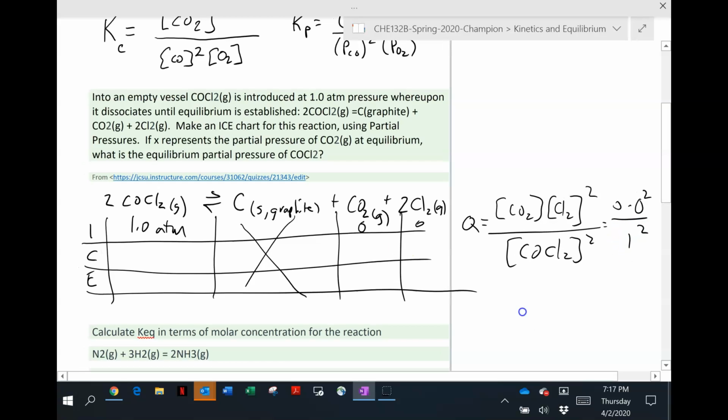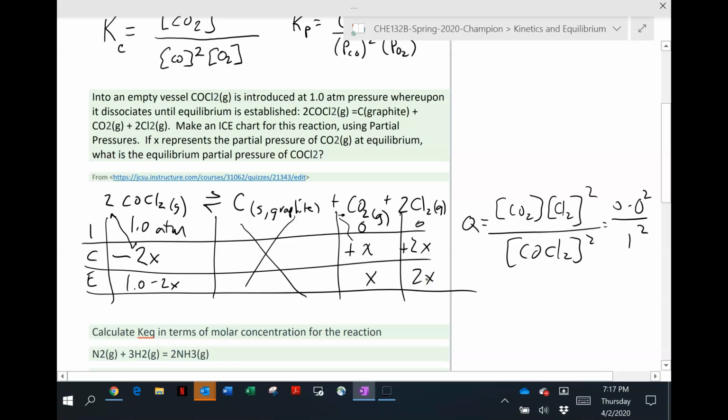That tells us that we've got to go to the product, so plus, minus, and the stoichiometric coefficients here, we multiply x by the coefficients, so 2x, where that 2 is that 2, x, where there's no multiplier because there's nothing in front of the CO2, it's an invisible 1, and then 2x over here for Cl2. So at equilibrium we'll have 1.0 minus 2x, x, and 2x.